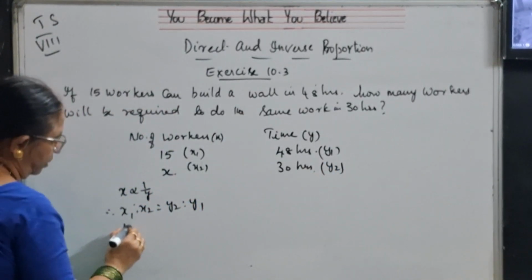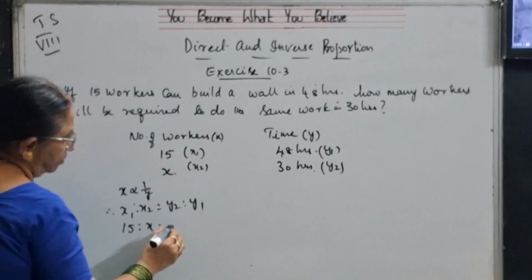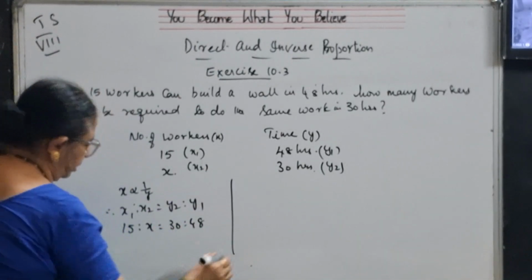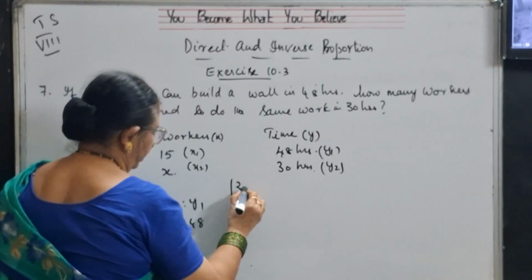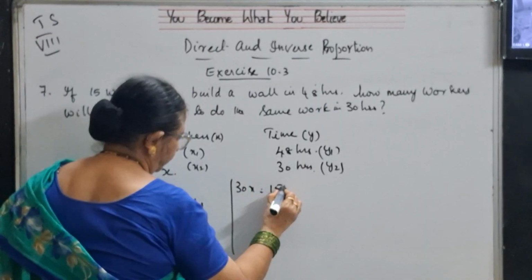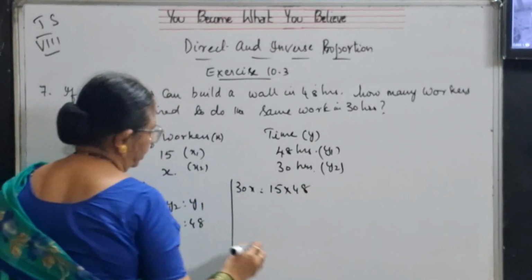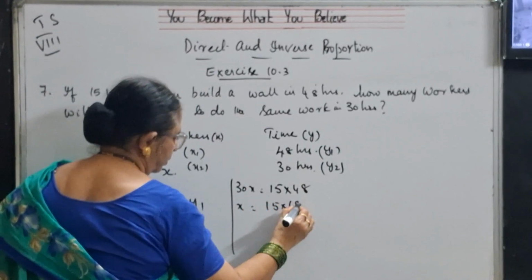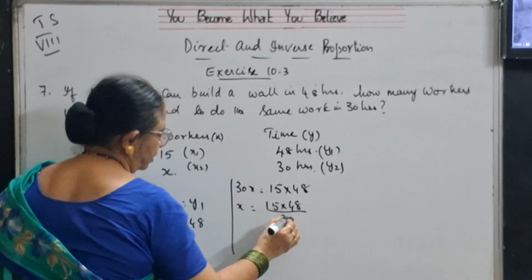So 15 is to X is equal to 30 is to 48. Means 30x is equal to 15 into 48. So what is x? 15 into 48 by 30.